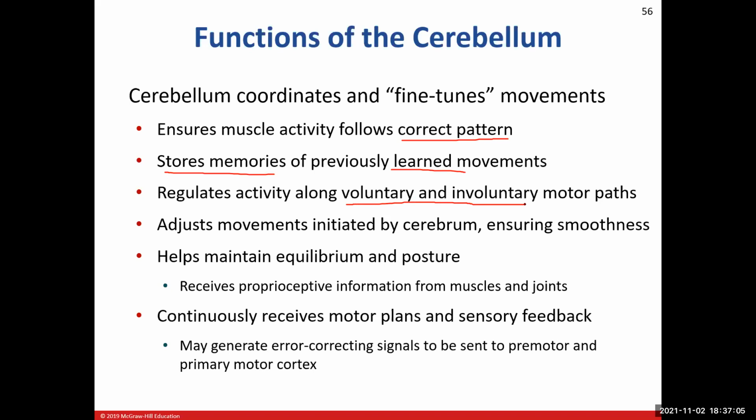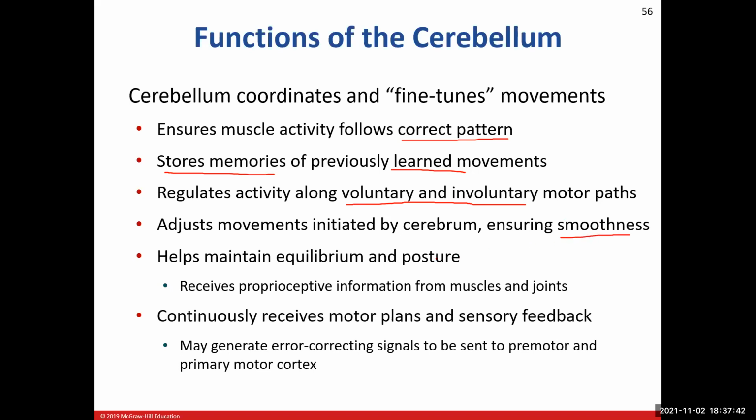Important to know that, not just the voluntary, but the involuntary. It helps again with maintenance of balance, equilibrium, posture, all that fun stuff. So what it will do is constantly be getting information, and I'll show you a nice picture here, from different parts of your brain, from the cerebrum, from the spinal cord, constantly getting proprioceptive biofeedback from your joints, right, to this area, so we can make sure that if you're doing any movements, that it's nice and smooth.